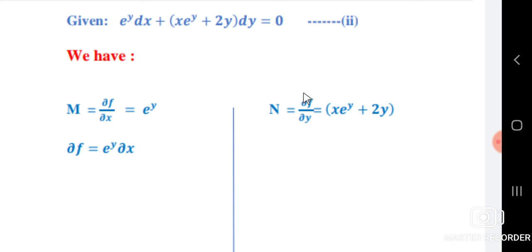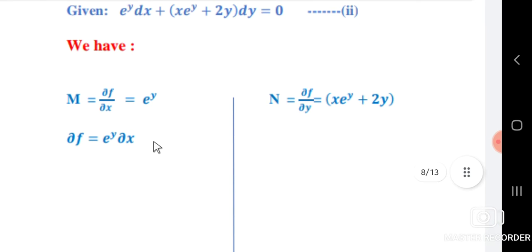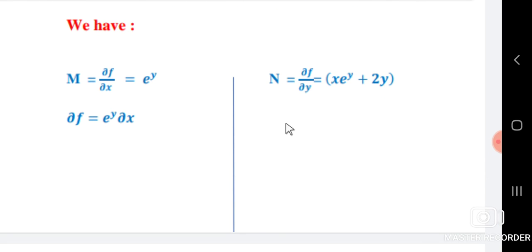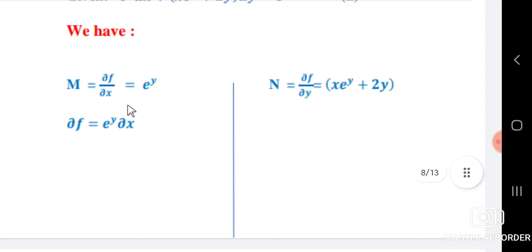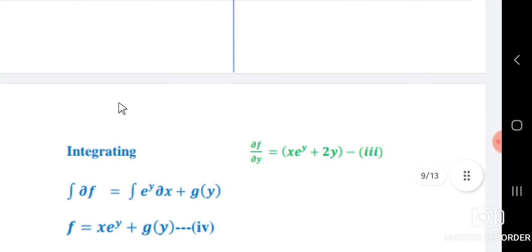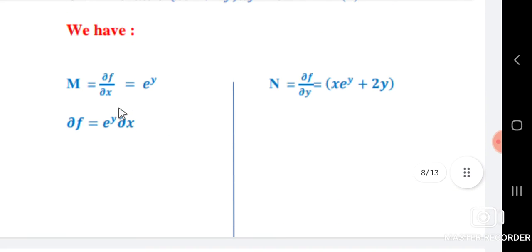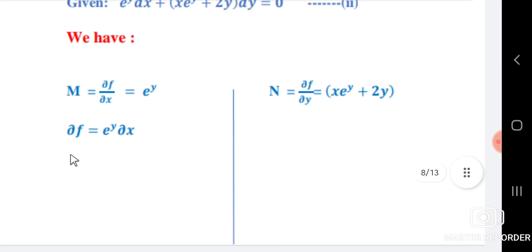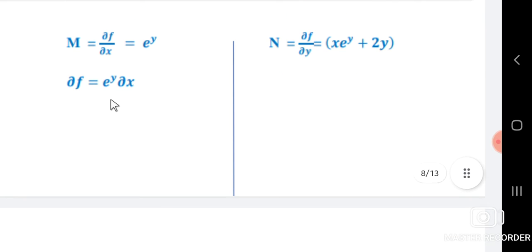Here I take this M and N in separate columns. So first we proceed with the first column. At the end we take the second column. So you can follow the first column now.